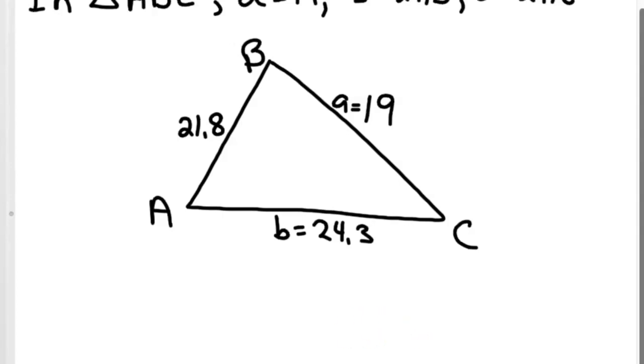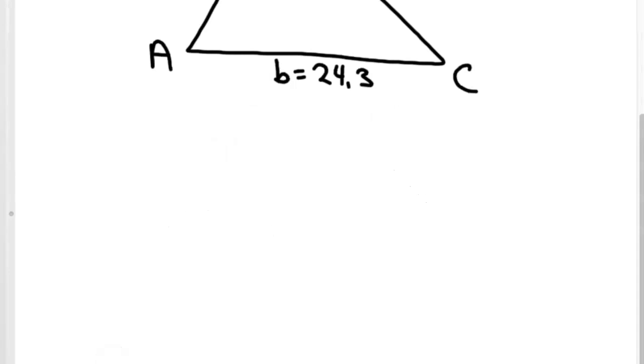But here, you always want to find the biggest one first, because we don't know whether angle B is an obtuse or an acute angle. Angle B is across from the biggest side, so this is your biggest angle. We want to make sure that it's not acute or obtuse, and law of cosine can tell you that as long as you pick the biggest one first.